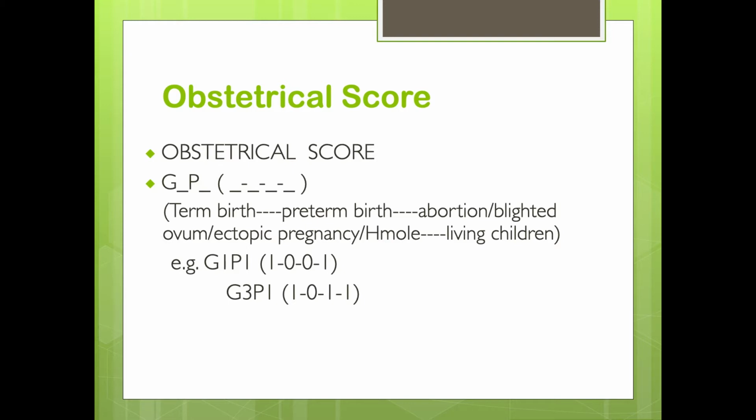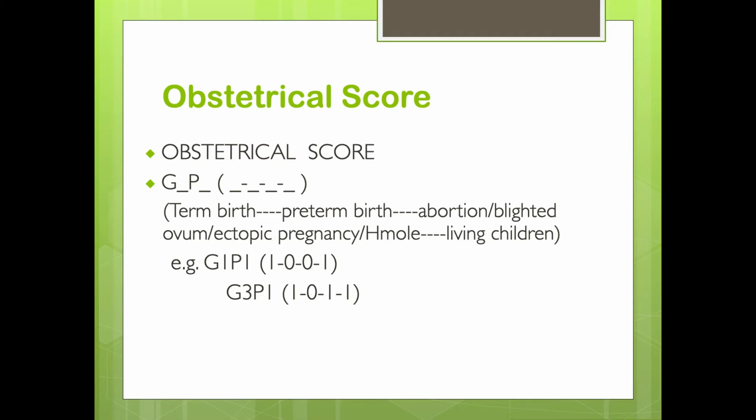P is the parity, for the pregnancies that went beyond 20 weeks age of gestation. The first number is for the term births, the second number is for the preterm births, the third is for the abortions or blighted ovum, ectopic pregnancies or HMOLE, and the fourth number is for the living children.